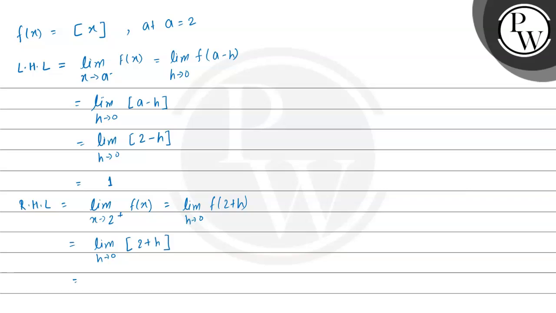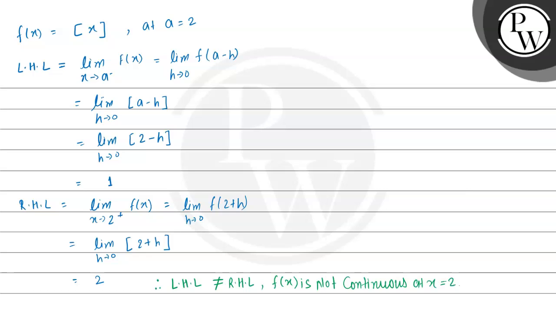Here again h is a small value and we are adding it to 2, so the greatest integer function will be 2. So from here we can say that left hand limit is not equal to right hand limit. That means the given function is not continuous at x equal to 2.